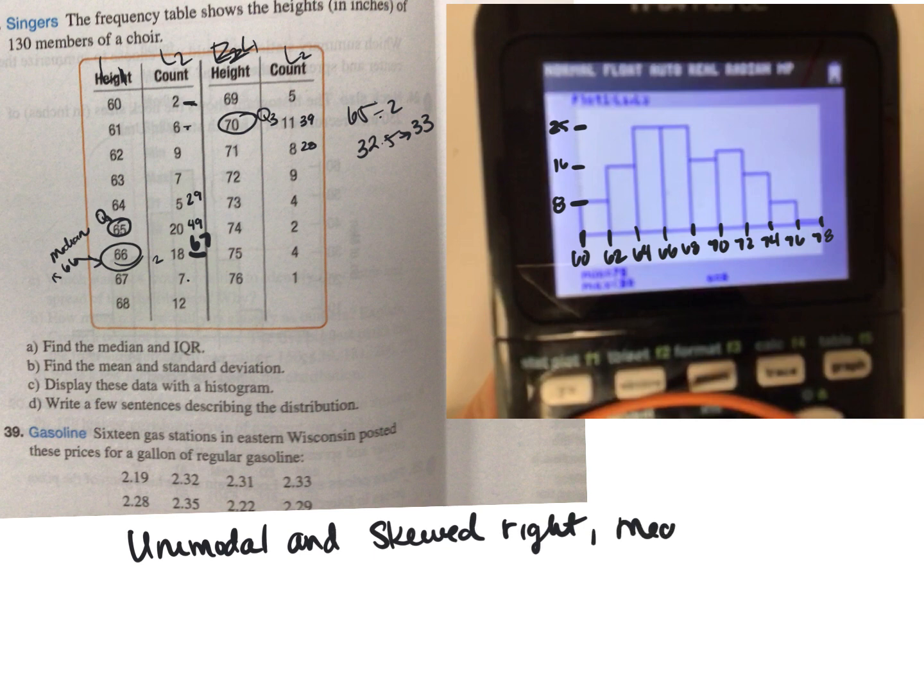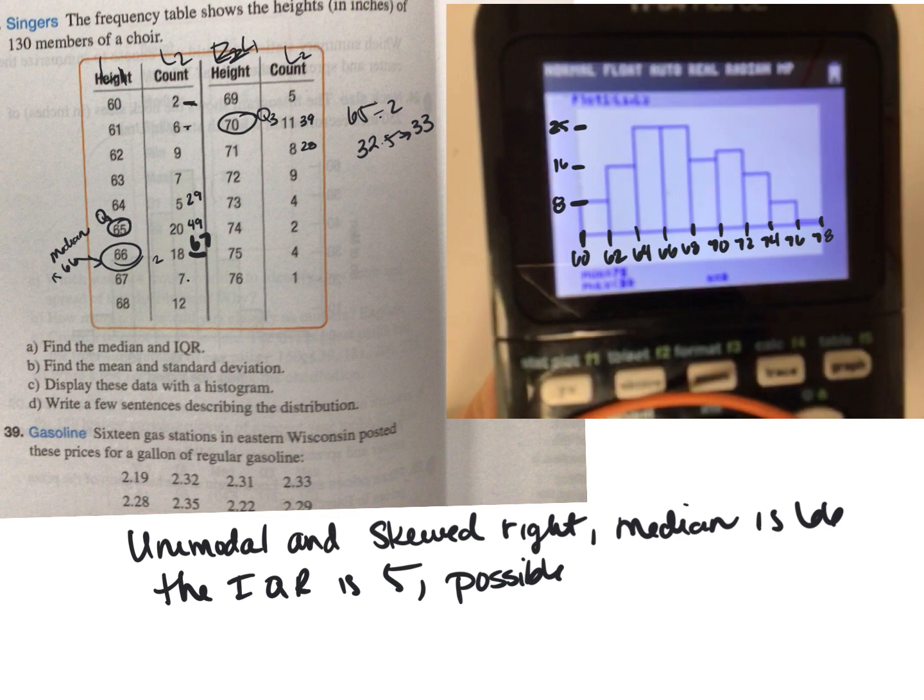The median is, what did we say, 66. The IQR is 5. And there's possible outliers. We're going to talk today about the outlier rules and calculating exactly whether we have outliers or not.